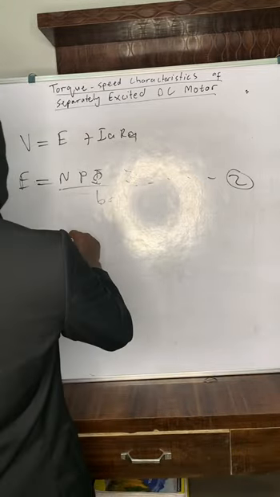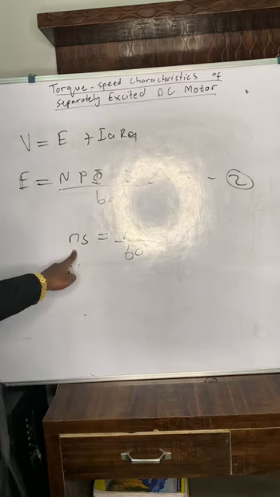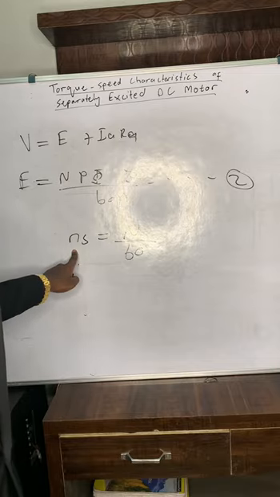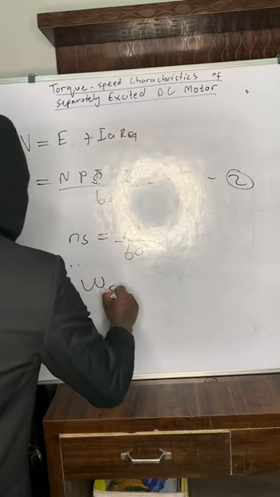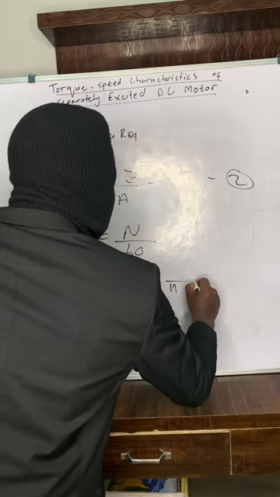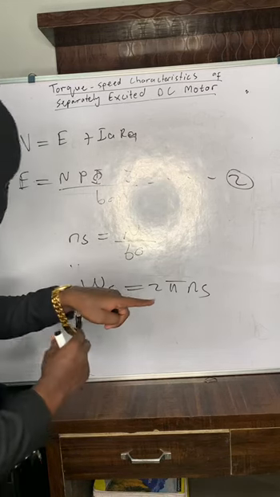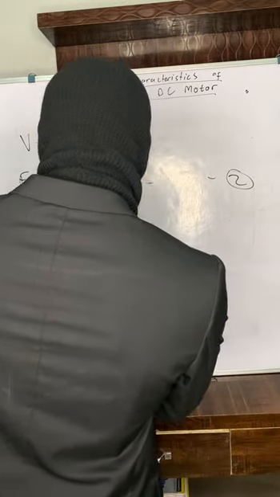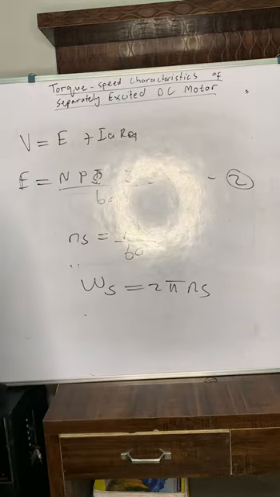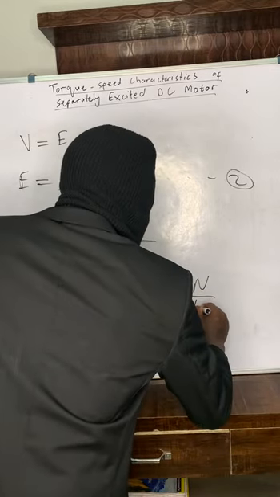But we know that NS is equal to N over 60, where N is the speed per second, but we want speed in radians. So we are going to take omega S, which is equal to 2 pi NS. But NS here is this one, and we are going to substitute this into our equation. So we are going to erase this and put that N over 60.